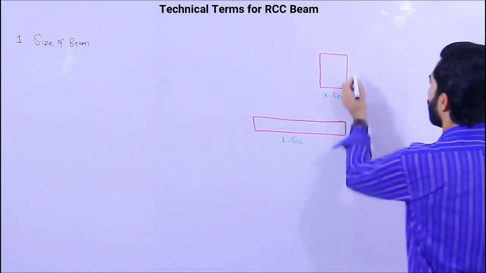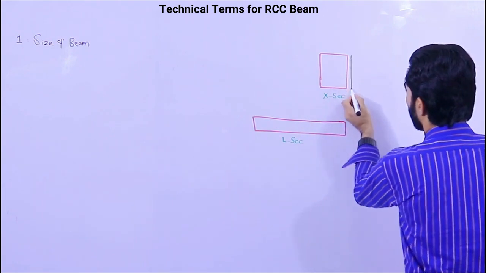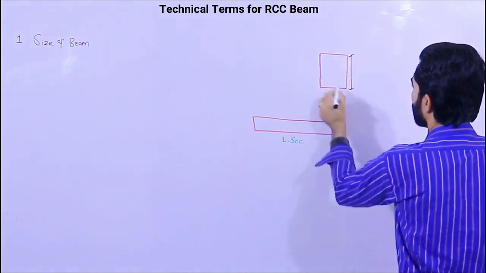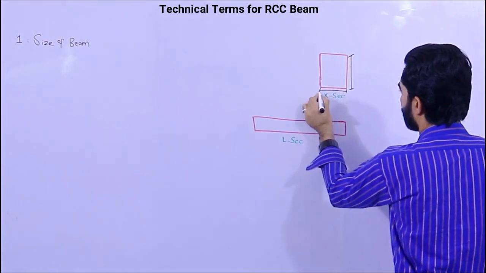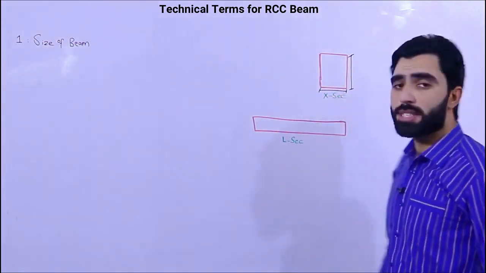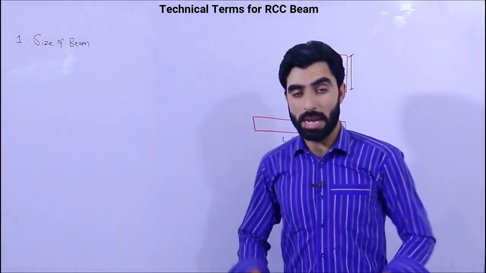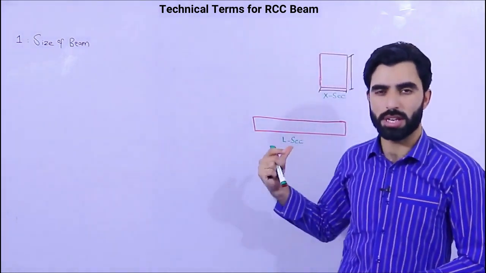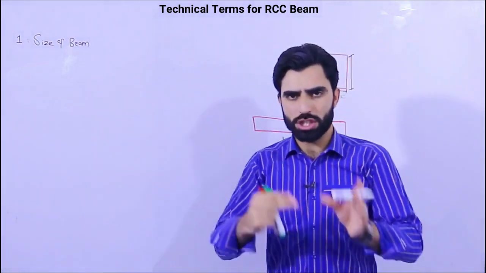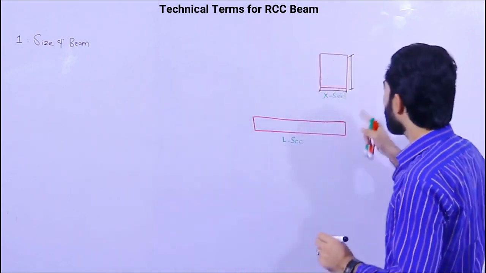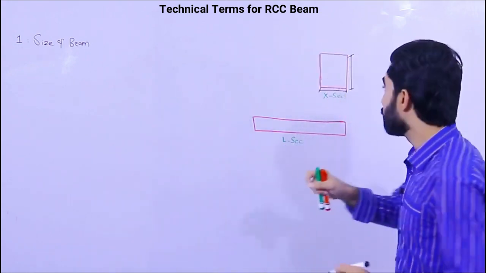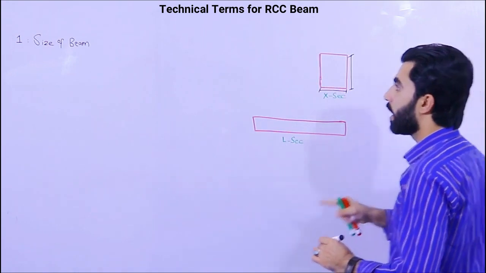Now guys, remember this is the depth, and this is its width. Remember, for a normal residential building, I am not going into detail for the beam depth and width, but I am just guiding you. The width of the beam for a normal residential building should not be less than 9 inches.